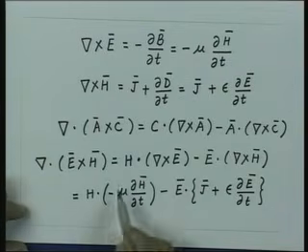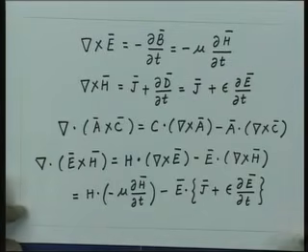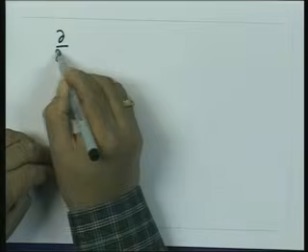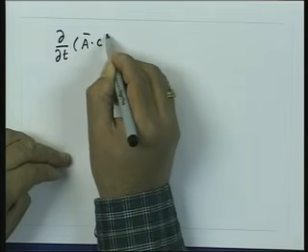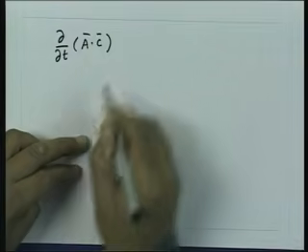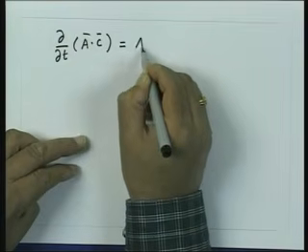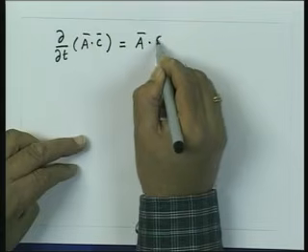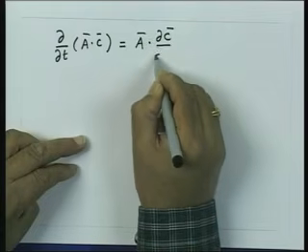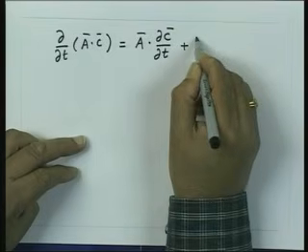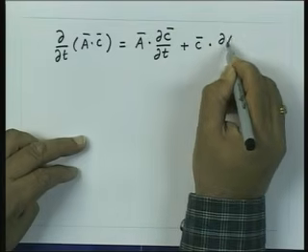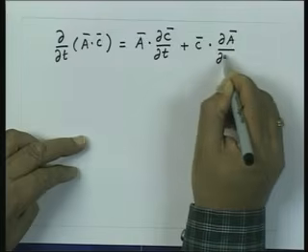Now, I can rewrite for the two arbitrary vectors A and C. If I take a time derivative of d by dt of A dot C, this is nothing but A dot dC by dt plus C dot dA by dt.